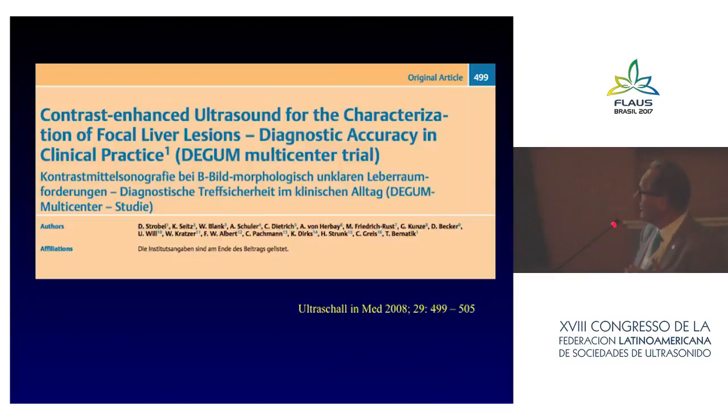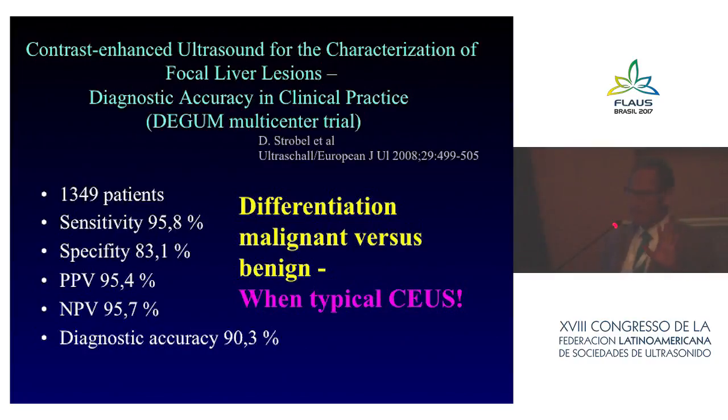There is a multicenter study from Germany called the DEGUM multicenter trial. It's a very good study. They had almost 1,400 patients, and they were looking at whether we can differentiate between benign and malignant with contrast ultrasound. How good are we at that? The positive and negative predictive values were about 95%.